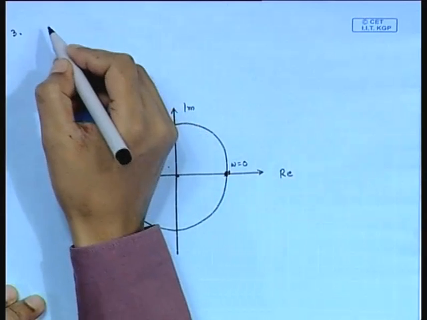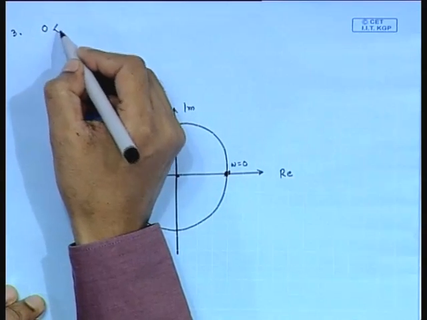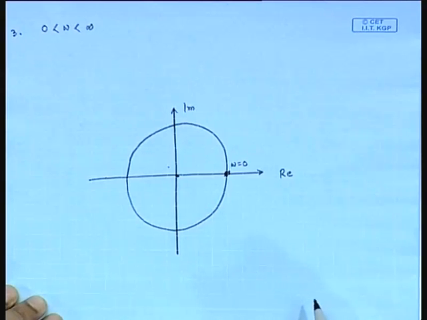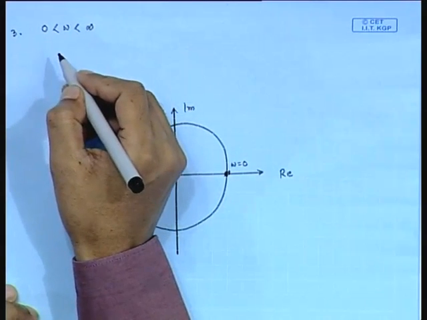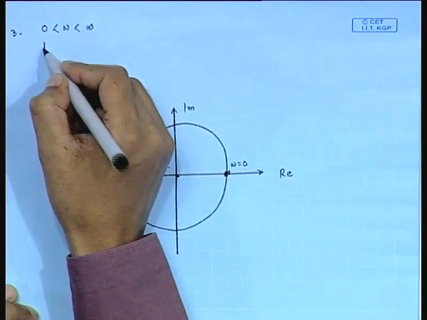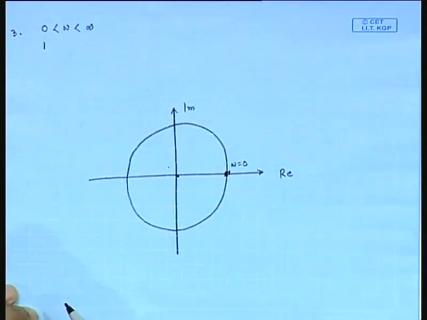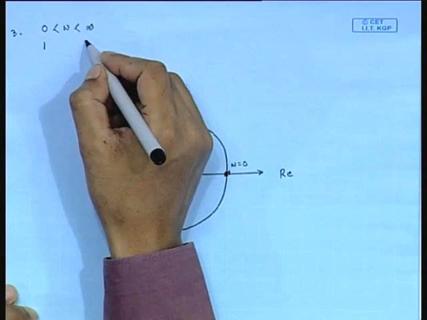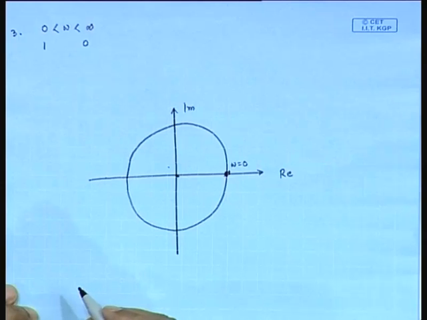Now, when omega is in between 0 and infinity, how much will be amplitude ratio? When we considered omega 0, we got amplitude ratio 1. When we considered infinity, we got amplitude ratio 0.